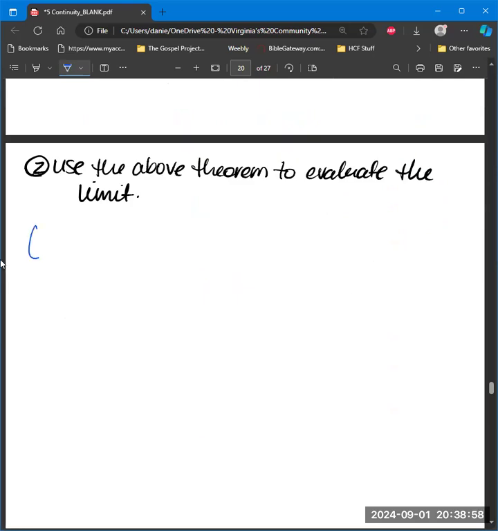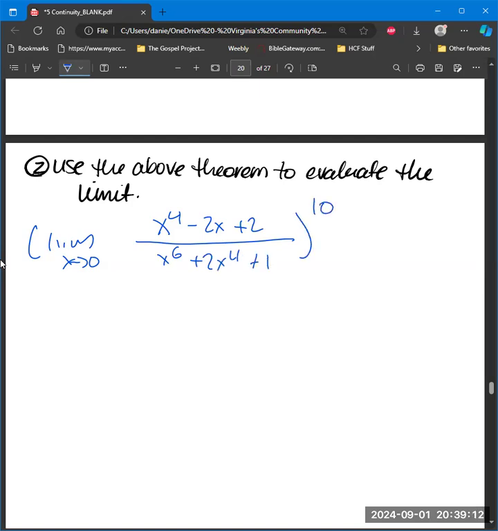So again, we take the limit as x approaches 0 of x to the 4th minus 2x plus 2 over x to the 6th plus 2x to the 4th plus 1, and then raise that to the 10th. That's 2 over 1 raised to the 10th, which is 2 to the 10th, 1024, as I mentioned before.